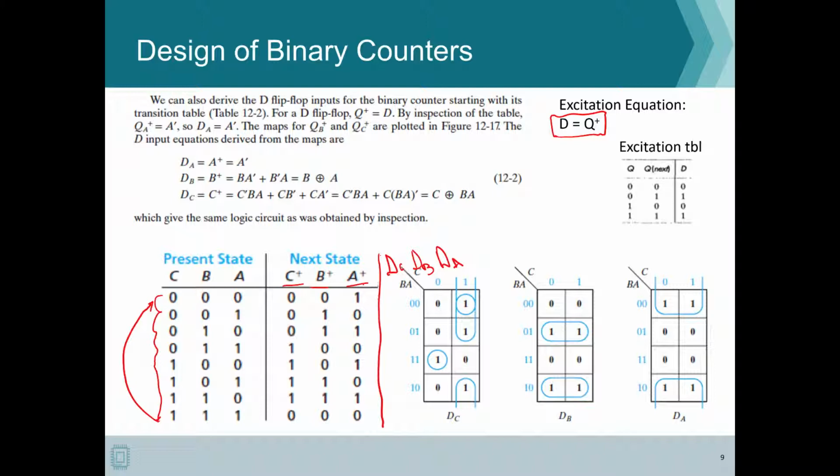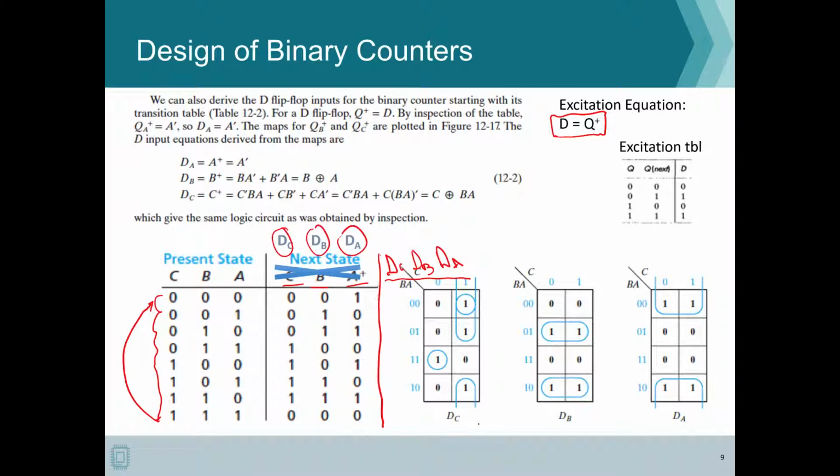Therefore, you can simply replace those by DC, DB, and DA. So there is really no need, whenever you do a D flip-flop implementation, to have an additional 3 columns. Now we need to find the equations for this.